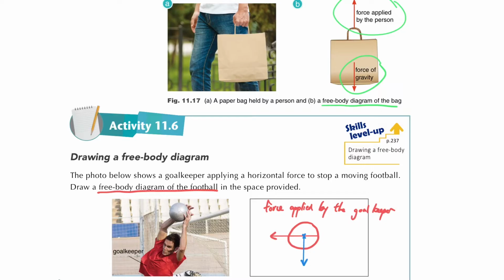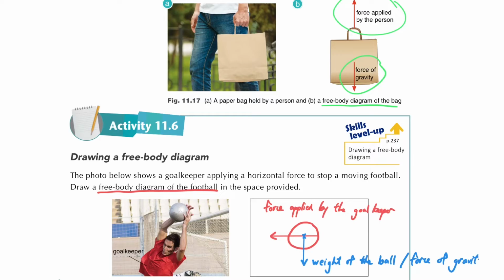This force always exists if it is on the earth. We call it the weight of the ball, or if we follow the textbook here, we can also call it the force of gravity.